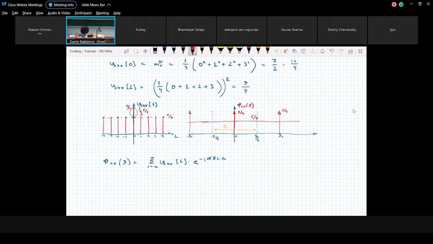Oh, sorry, it was wrong what I said. We have this sequence of delta pulses, and after Fourier transform, of course, you get a delta pulse, not the constant level. You have a delta pulse with magnitude 9 over 4. And for the remaining part at origin with amplitude 5 over 4, after discrete time Fourier transform, you get a constant level, amplitude 5 over 4.